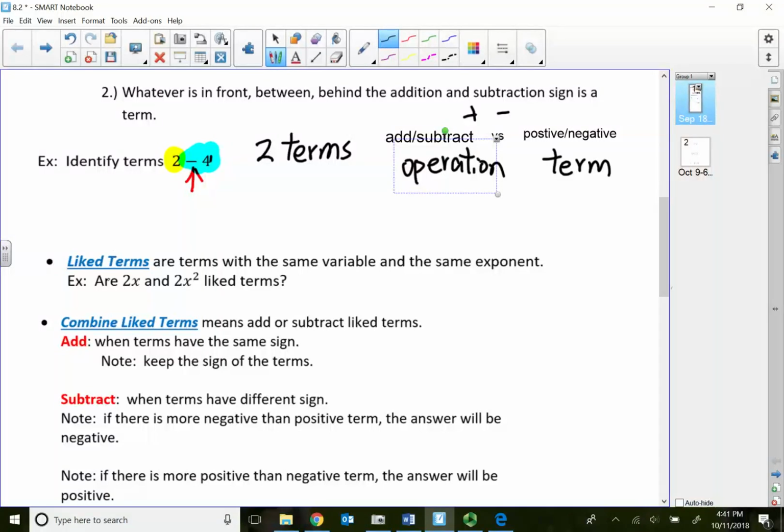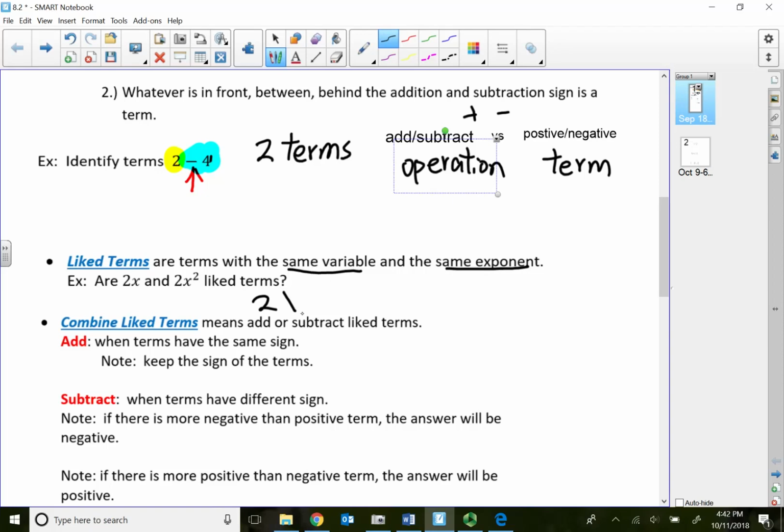So this word, like terms, I use this wording very often when it comes to algebra. Like terms are terms with the same variable and the same exponents. In order to be considered like terms, you've got to have the same variable and also the same exponent. So my question here, 2x and 2x squared, are they like terms?